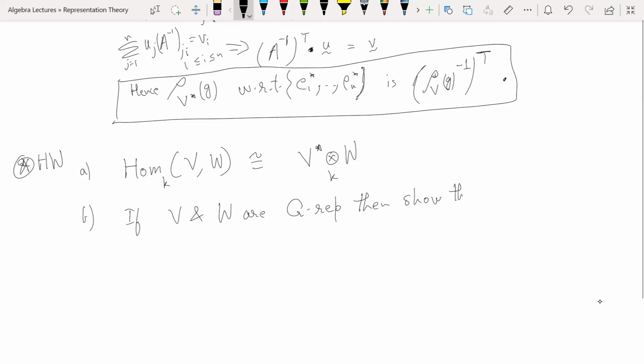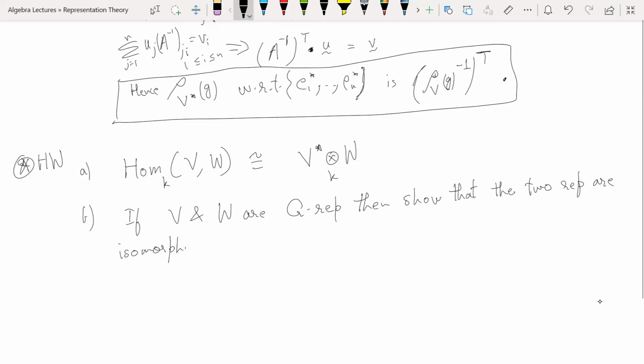Show that the two representations are isomorphic.